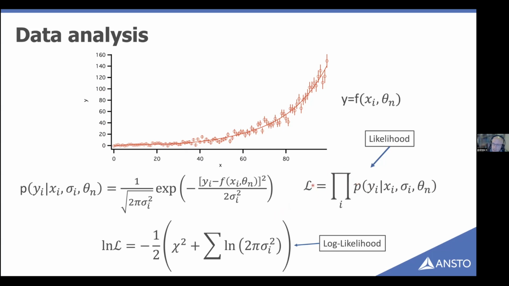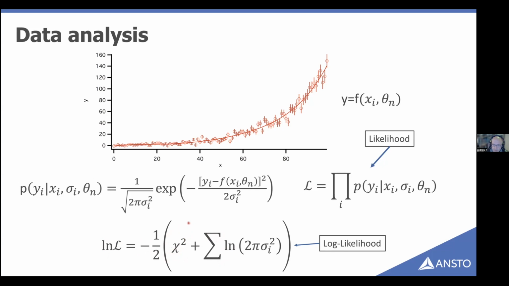So it's easier to describe in log space, so that when you take the log of that probability, it comes out as a sum instead. This is then referred to as the log likelihood. In that log likelihood, it's effectively very similar to chi-squared.